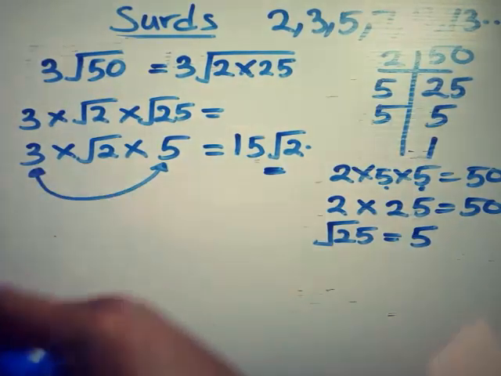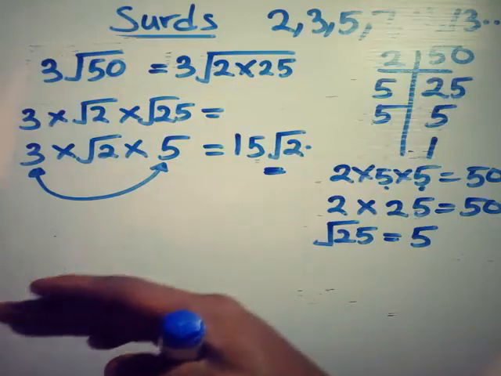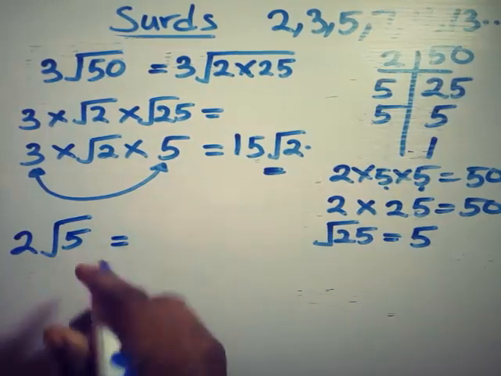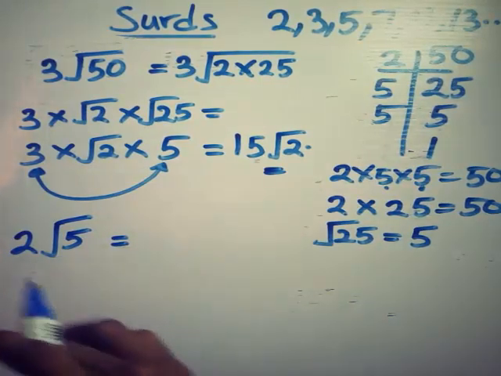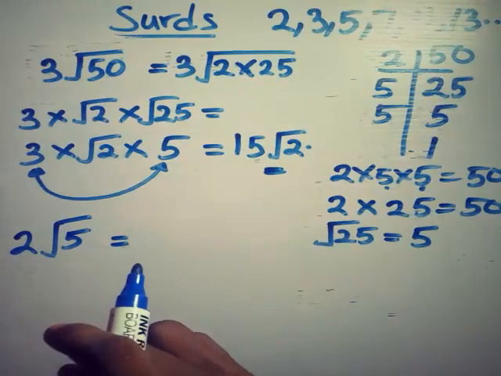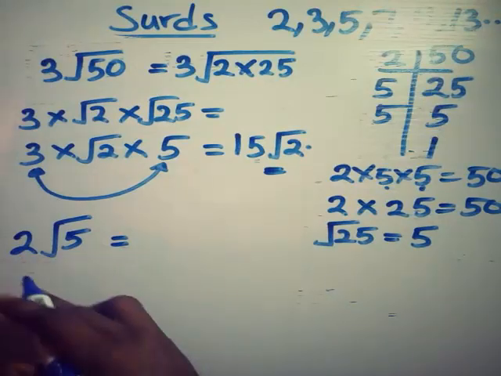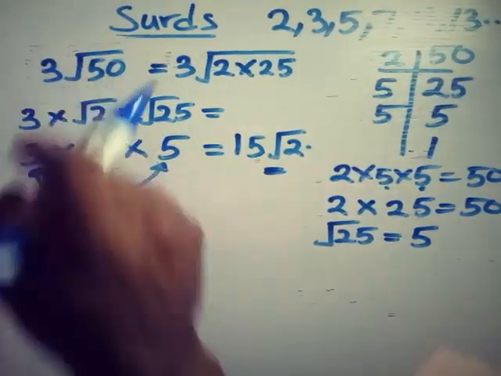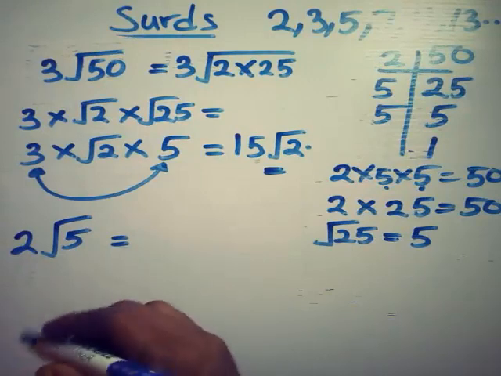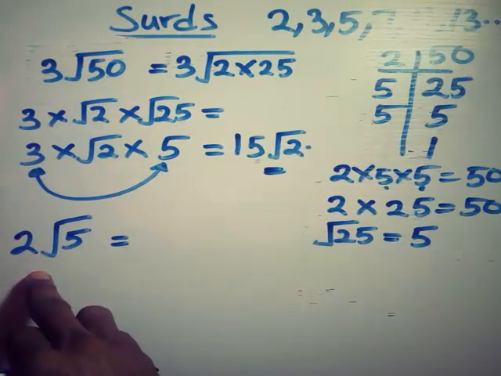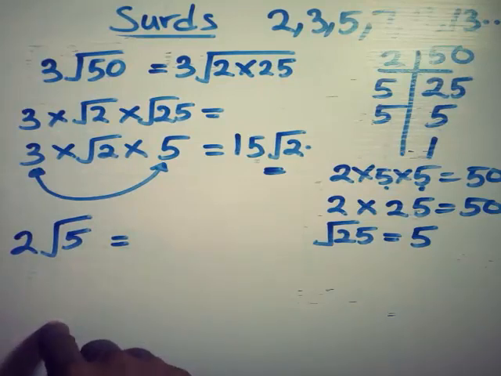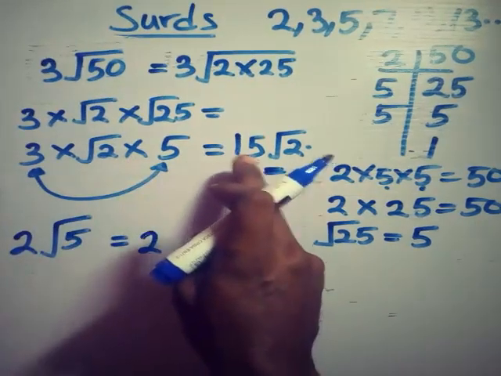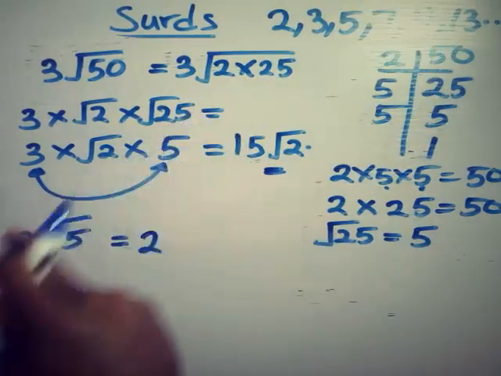So let's push it further. There are sorts of questions where you have numbers like this and you'll be told to convert it to a number under one square root. It's like a reverse of what we have learned here. So we reverse our answer to look like this form. If you are told to convert this to a number with a single square root, all you do is you say 2, because in solving this, we know we converted a perfect square to this single number.